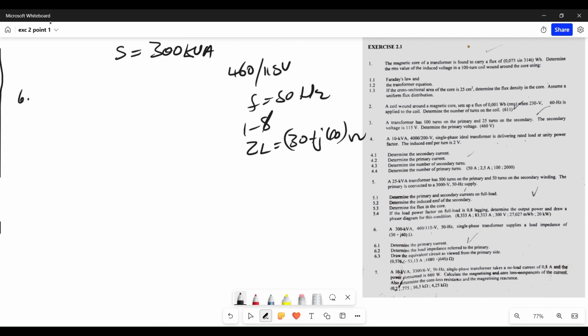Okay, 6.1: determine the primary current. First of all, don't forget to always put your KT ratio in line, because it might help you.